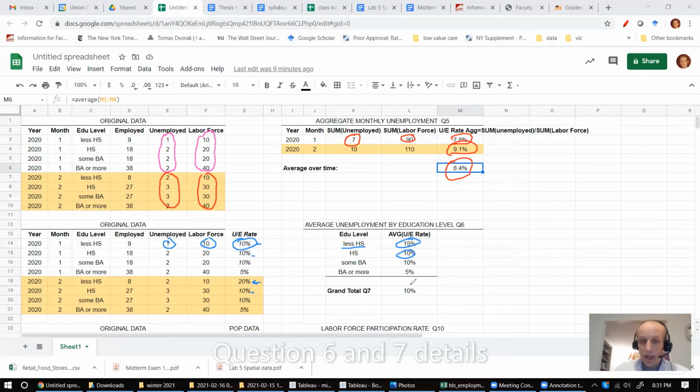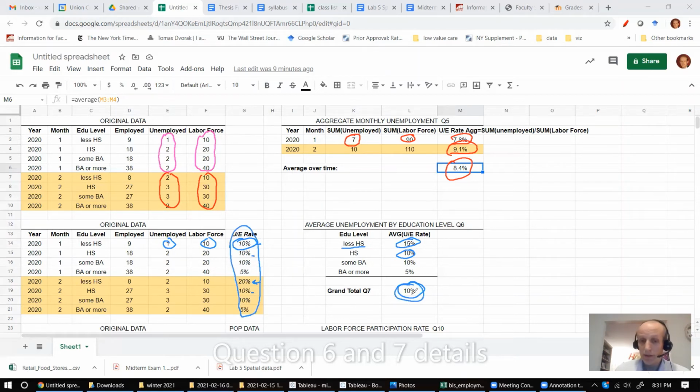What happens if I add a grand total to that table? Well, that's going to average across the entire column of the unemployment rate. It's going to average all of this data, which gives me 10% average.